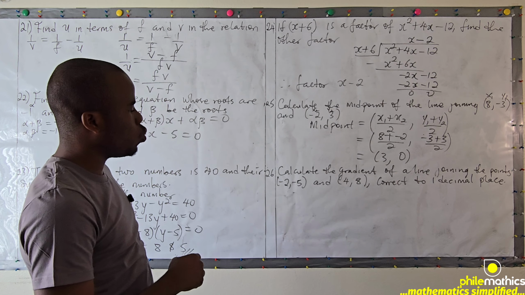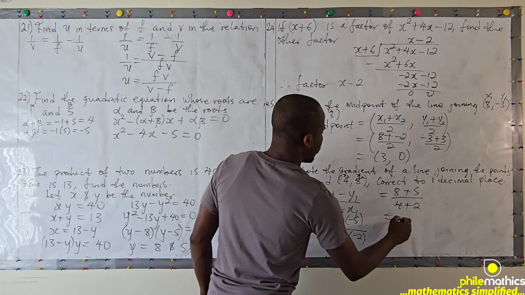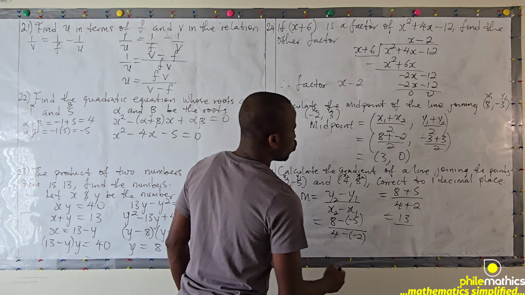This should give us (8 + 5) over (4 + 2). 8 plus 5 is 13 and 4 plus 2 is 6. 6 into 13 can go 2 times. Remember 1 into 10 is 1.